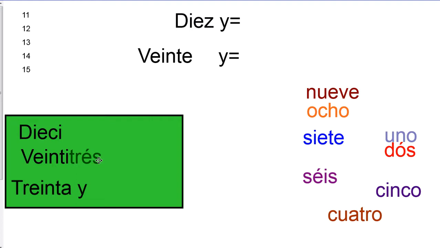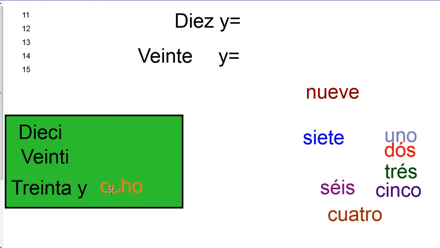That's because veintitrés needs to stress the part where it says 3. And treinta y tres doesn't really need to stress that 3 because it's 3 separate words. Treinta is its own word, y is its own word, and tres is its own word. Whereas, like I said here, it's all one word. Veintitrés, one word. Treinta y tres, 3 words. It'll be the same thing with 6. Veintiséis is one word. Treinta y seis is 3 words, so there's no need to stress. The rest are just normal.